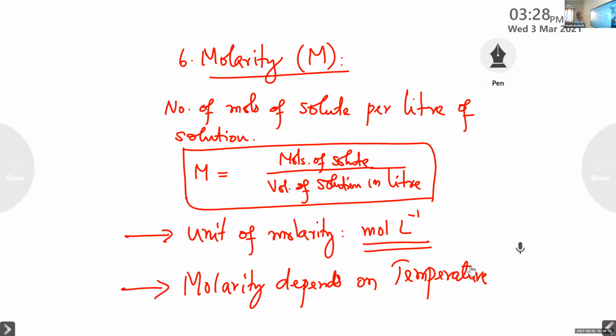And you will be asked, which concentration term depends on temperature? Say, molarity, that concentration term depends on temperature. Why? Because the volume term is involved. As we know, volume varies with the temperature. In the denominator, there is volume term.